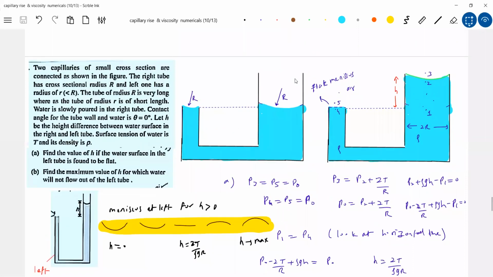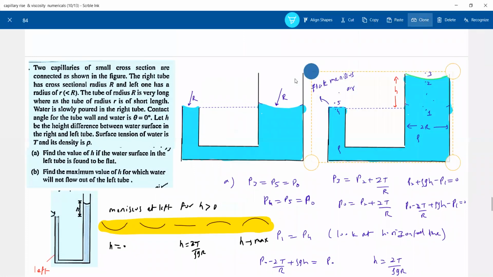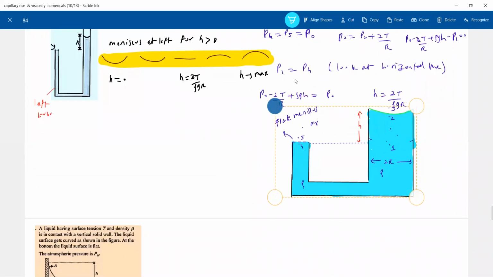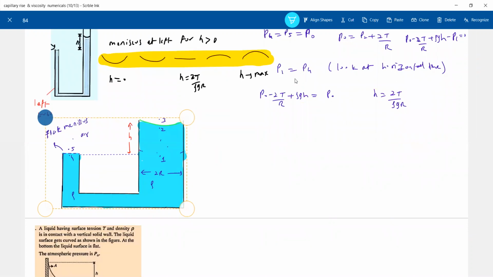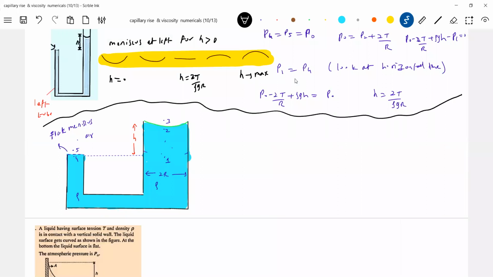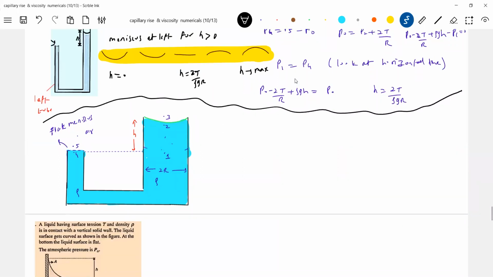So I'll take the help of this diagram. We'll start the discussion here. I'll call this h max, the same thing.